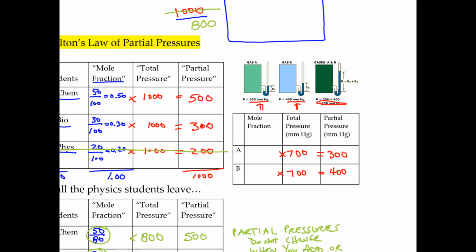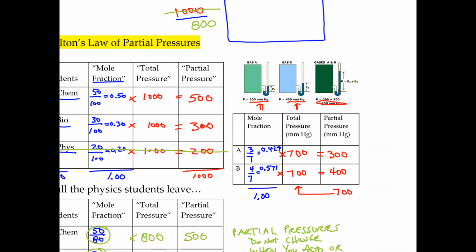So if you simply divide, you're going to find that this is 3/7 and this is 4/7, which you could get the decimal if you want, which is 0.429 and 0.571. No matter how you slice it, you get 1 as the total. And of course, you're going to get 700 as a total for the pressure, which matches that.